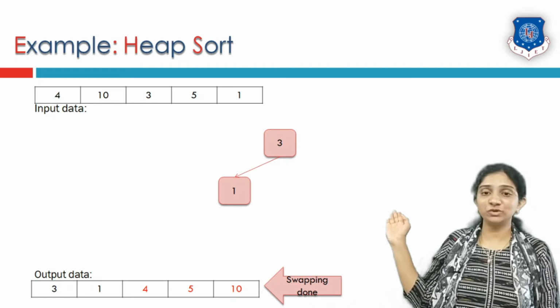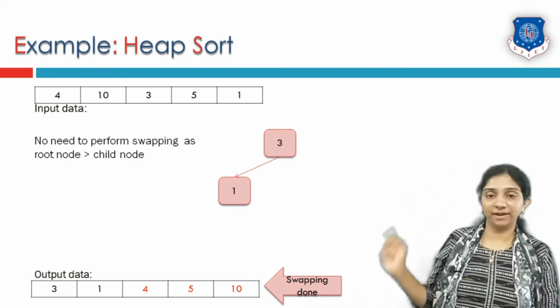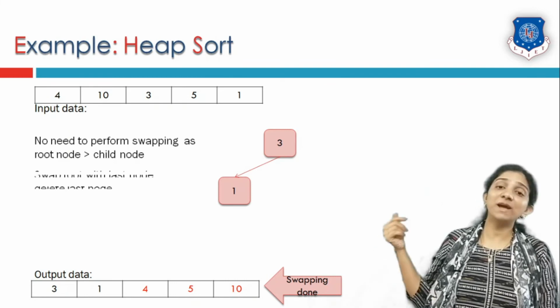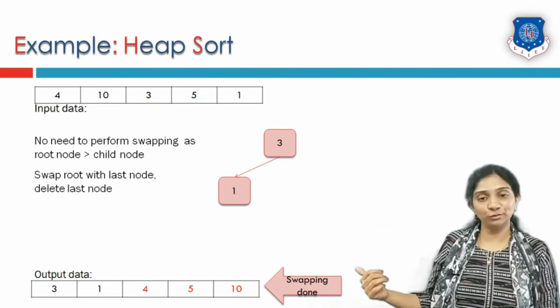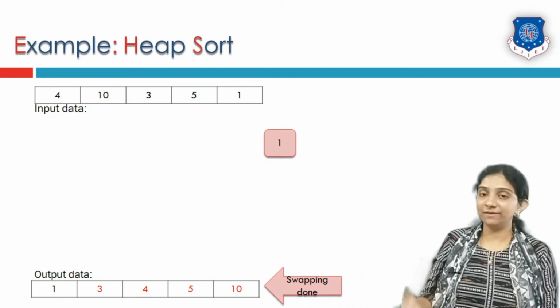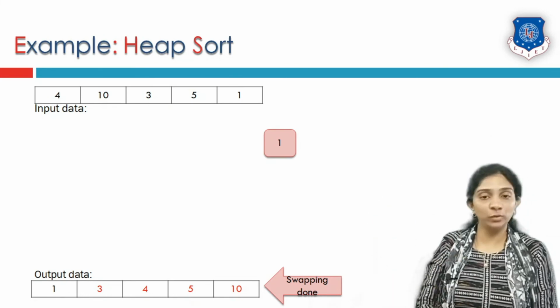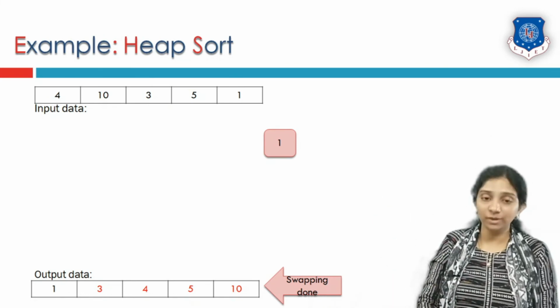Is it a max heap tree? If yes, then no need to heapify. Is the parent greater than the child? Yes. Then swap the root element with the last node, and after swapping, delete the last node. So 3 will also get deleted and now my tree structure contains only one node, that is element 1.